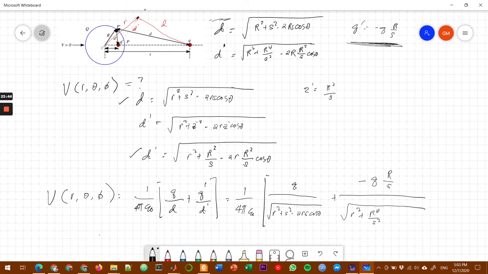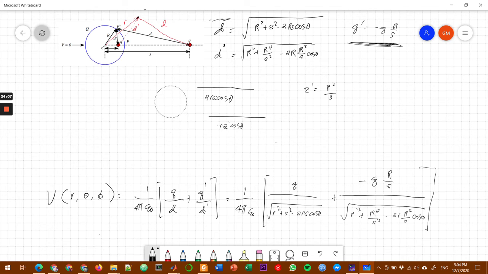This is the fourth power, and this is squared, since z prime is squared. So I have minus 2r, then I have r squared over s cosine theta. Let me erase this and move this up.